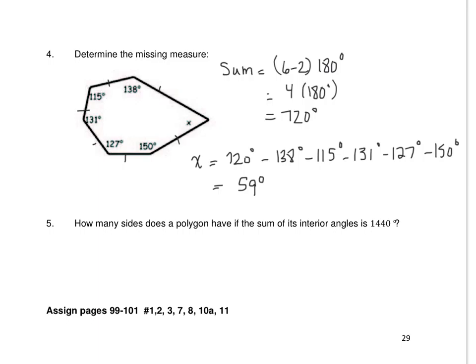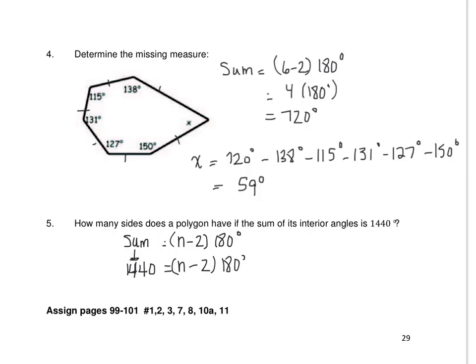And the last question, how many sides does a polygon have if the sum of its interior angles is 1440? Well, if your sum is n minus 2 times 180, we go back to our formula, and we know that this is 1440. We know the answer to that, and we don't know what the n is.